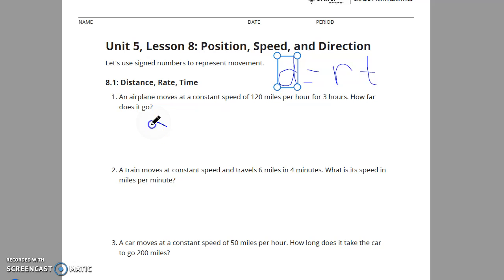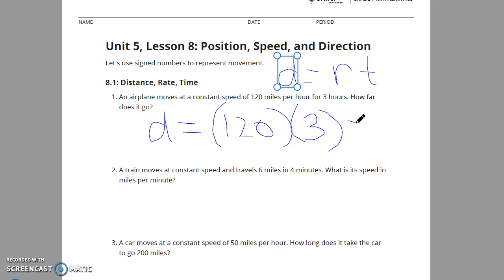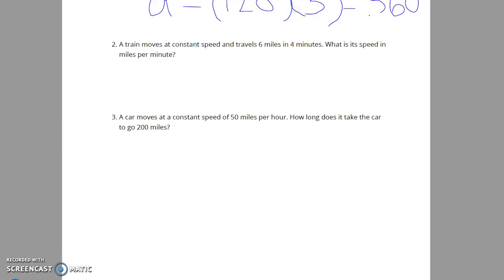So remember, D is equal to the rate they're going, 120, times 3, which is going to give you 360. All right, you're going to do that for the next 2 warm-up problems.